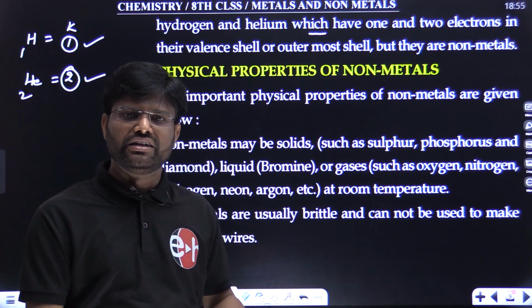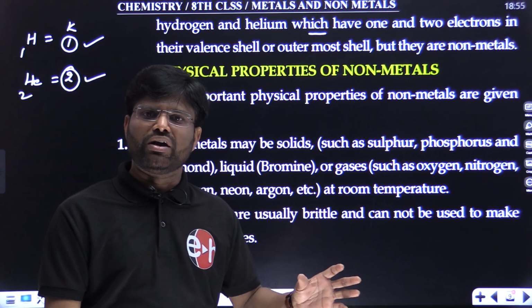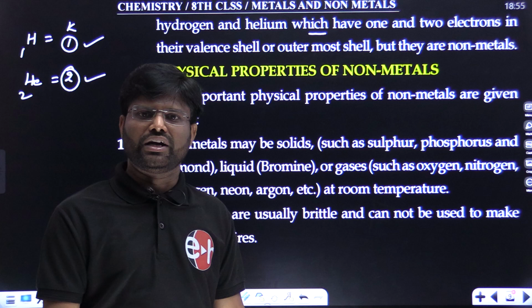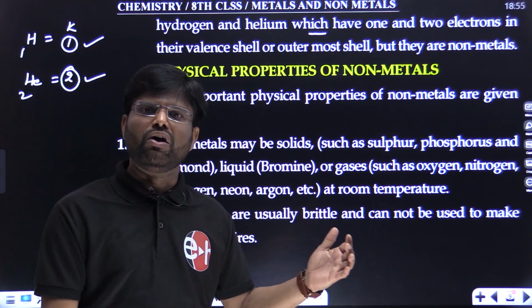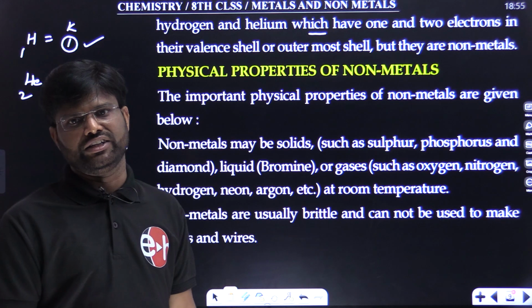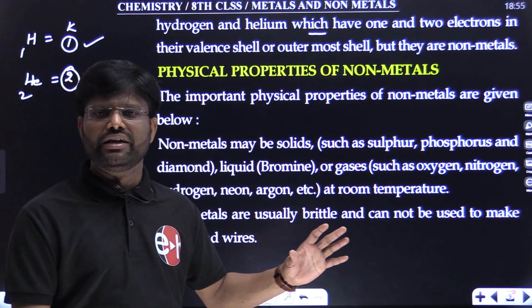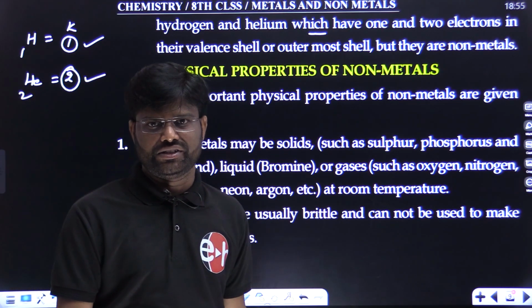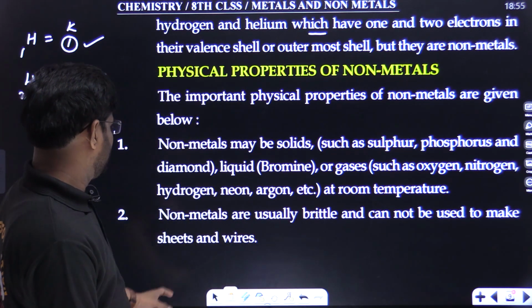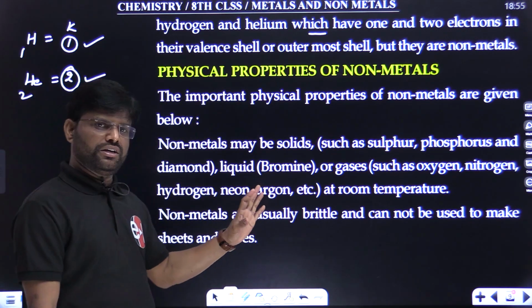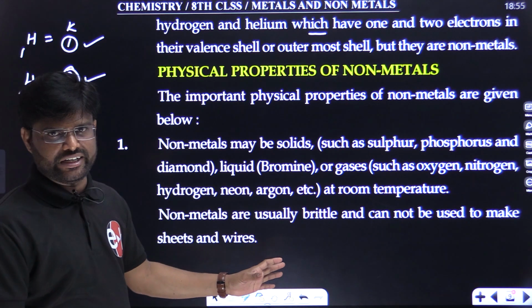What is ductility? Metals can be drawn into wires. That is called ductility. But most of the non-metals are non-ductile, so they cannot be drawn into wires. They won't exhibit malleability, they won't exhibit ductility.